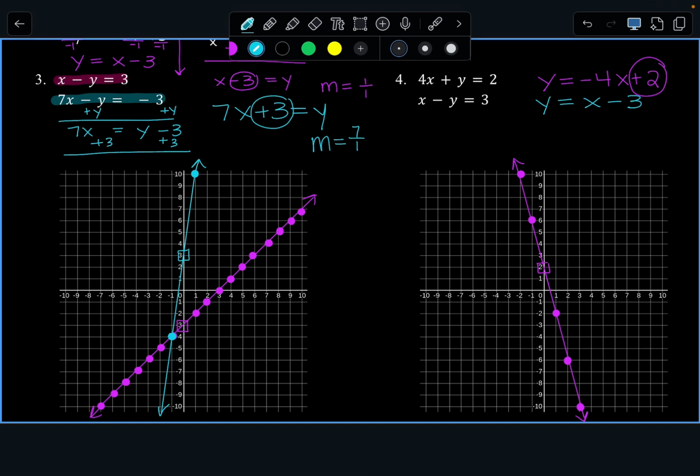For my second equation, I'm starting down 3, and my slope tells me to go up 1, right 1. And down 1, left 1. Connect with a nice straight line.